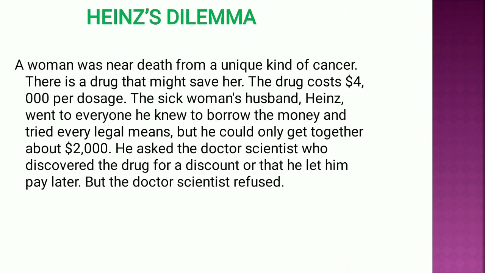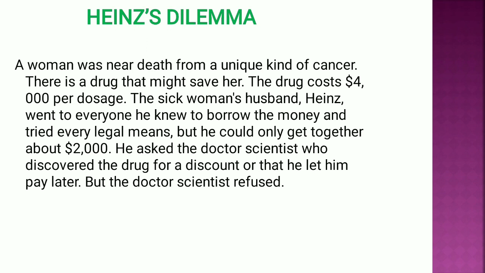So this is about Kohlberg's levels, and we move on to the next one, that is Heinz's dilemma. This is like a case study. Let's go into it. A woman was near death from a unique kind of cancer.